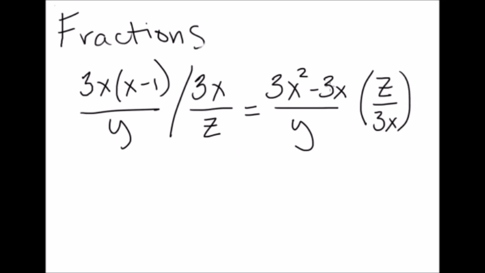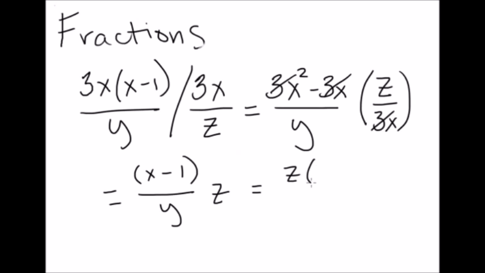You might at this point notice that you can probably cancel the 3x, so I didn't need to distribute, and you're left with (x - 1) over y times z, which you could write like this, or any number of other ways.